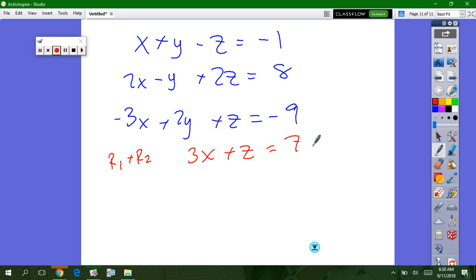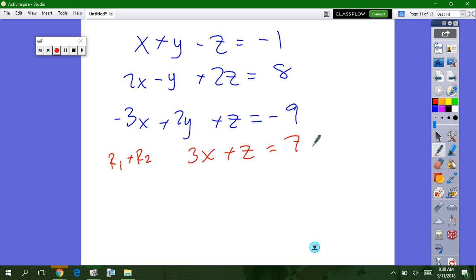Okay, so what variable do I want to eliminate again? Y. Now notice, this was using row 1 and row 2. So what do I have to use to get rid of the other one? I either have to use row 1 and row 3, or row 2 and row 3. Does that make sense? Does it matter which one? No. Is there a better one to use?